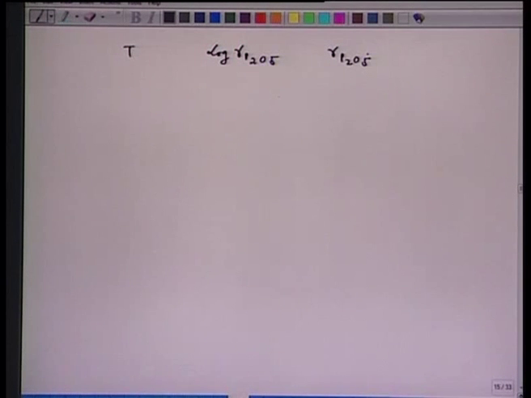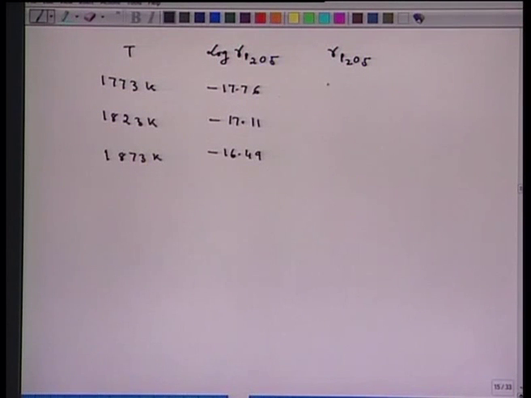I take 3 temperatures: 1773 Kelvin, 1823 Kelvin and 1873 Kelvin. I calculate log gamma P2O5: minus 17.76, minus 17.11, minus 16.49. Gamma P2O5 is 1.74 into 10 to the power minus 18, 78 into 10 to the power minus 18, and 3.21 into 10 to the power minus 17.